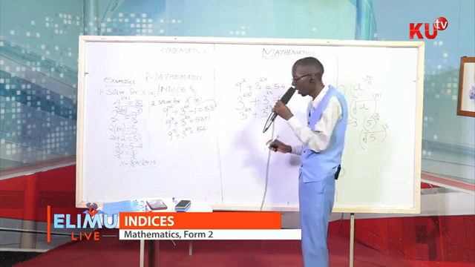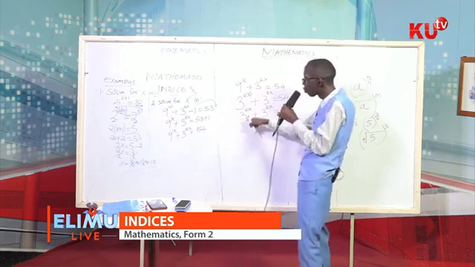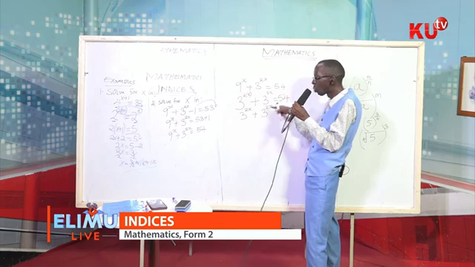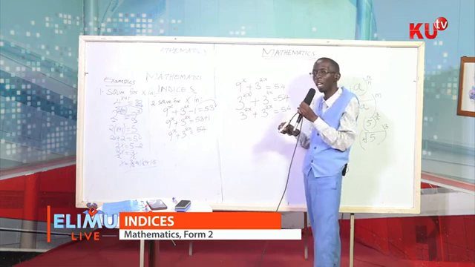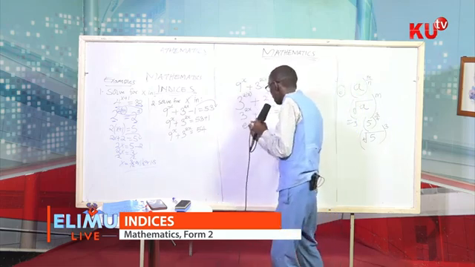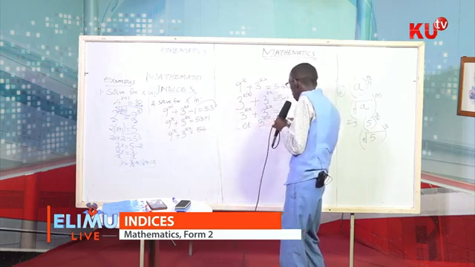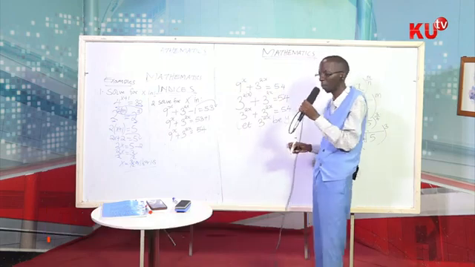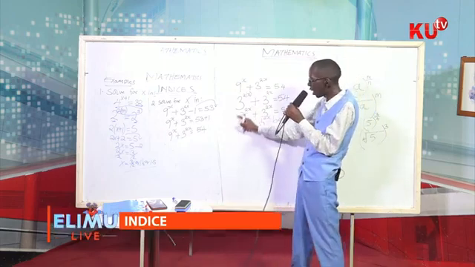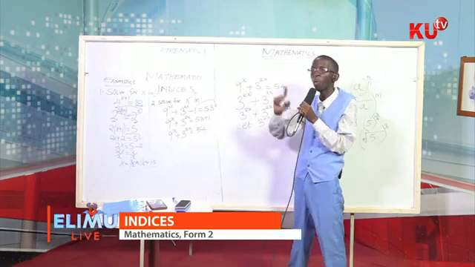Next step, my dear student, we have 3 to power 2x. Let 3 to power 2x be any other unknown. Let it be y. Let 3 to power 2x be y.